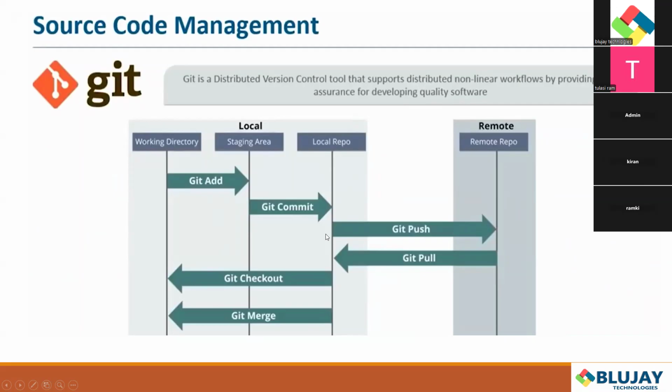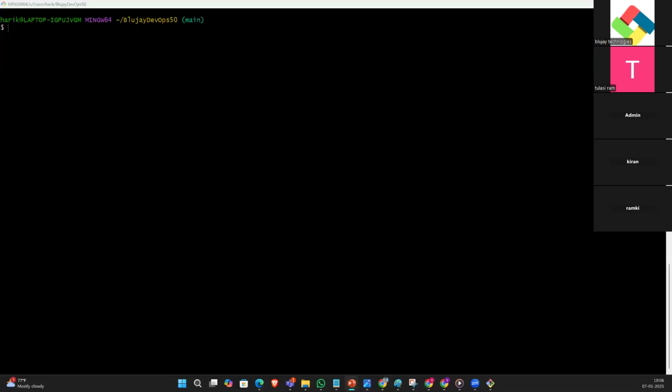These are all remote repositories. For the first time, what you did was git clone from the remote repository to the local repository. If you want to push code from the local repository to the remote repository, we use the git push and git pull commands. Git push is nothing but pushing the code from the local repository to the remote repository. Git push.